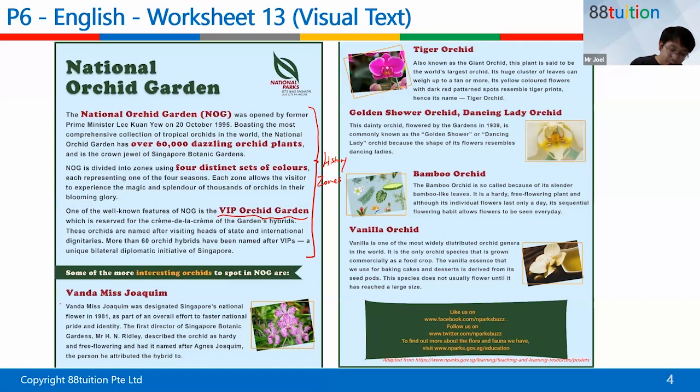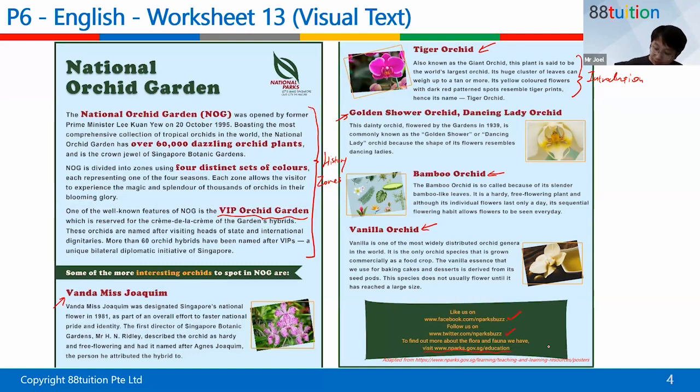Then they introduce some special orchids that you should look out for, like the Vanda Miss Joachim, the Tiger Orchid, the Golden Shower Orchid, the Bamboo Orchid, and the Vanilla Orchid. And they introduce these flowers in depth, like they give you a bit of an introduction for each flower over here. And then ultimately, they tell you to join them on social media by liking them on Facebook, following them on Twitter, and if you want to know more, go to this website.